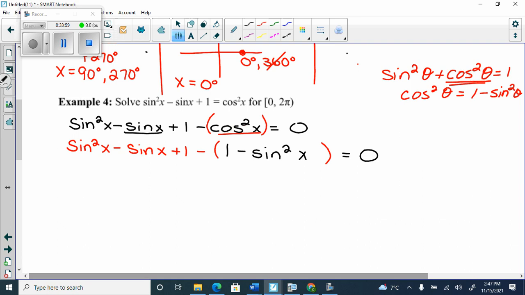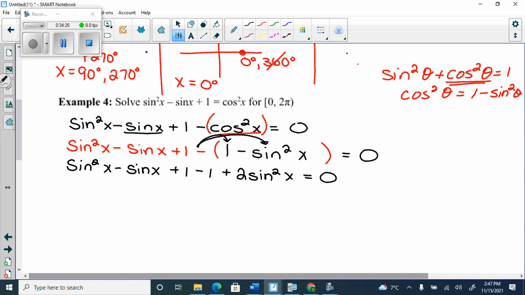So what do we do with the minus in front? Distribute it. That's why I have to put those brackets, right? So we're going to get sine squared x minus sine x plus 1 minus 1 minus a minus sine squared is actually plus 2 sine squared x equals 0.